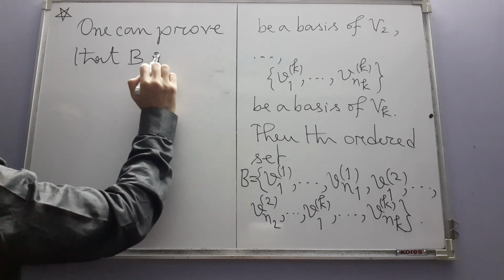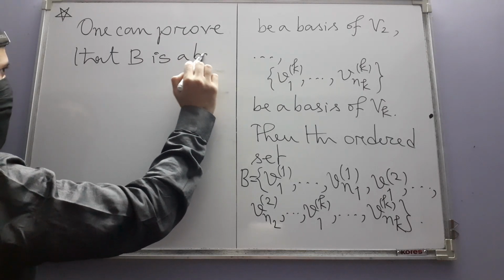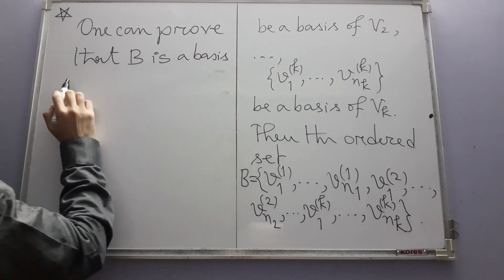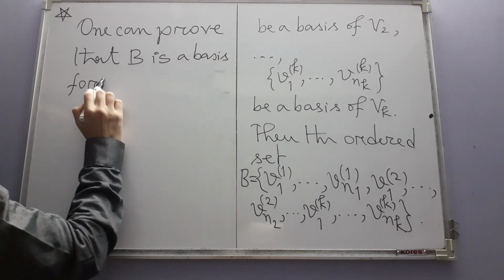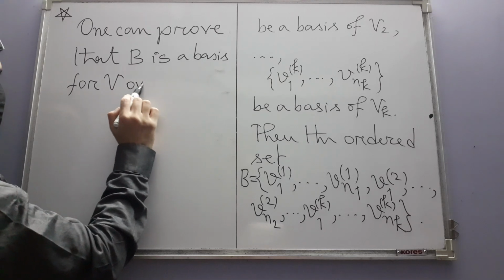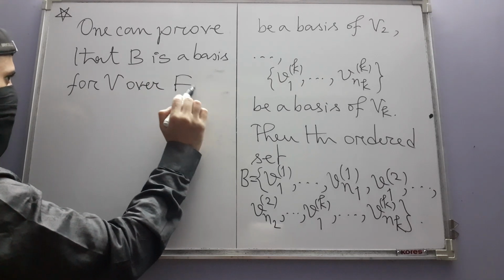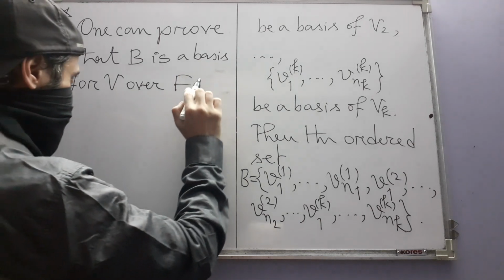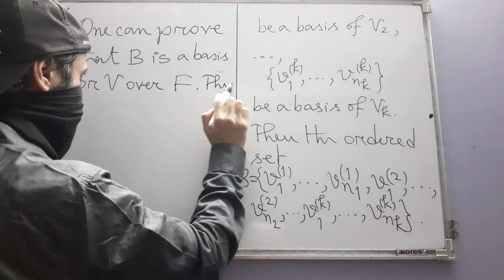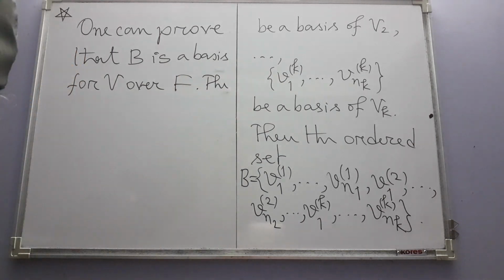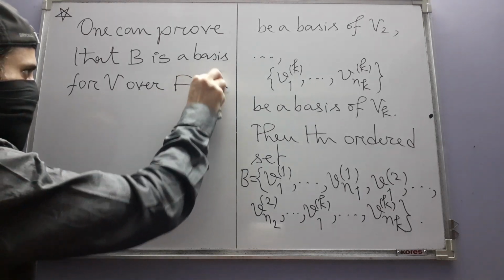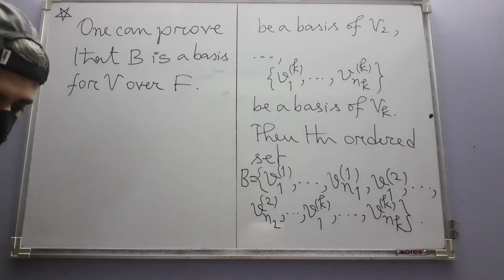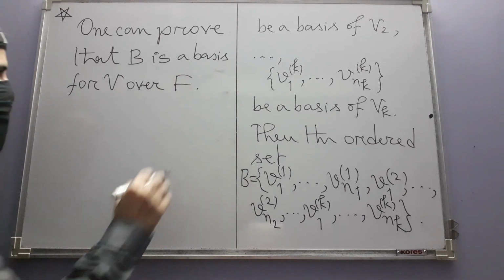B is a basis for V over F. And now comes the matrix.